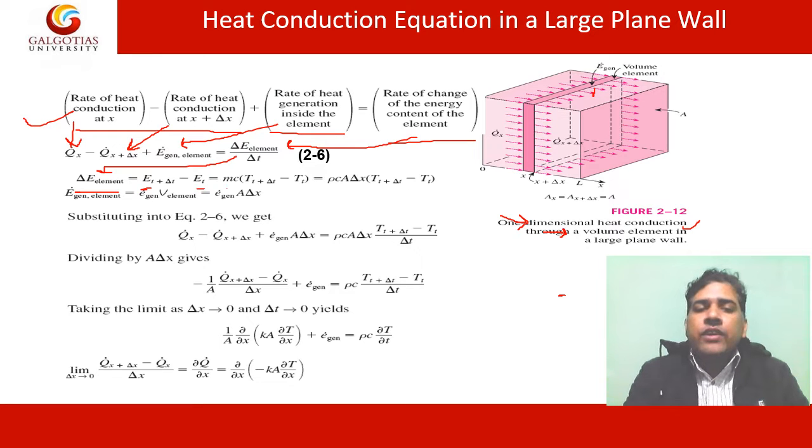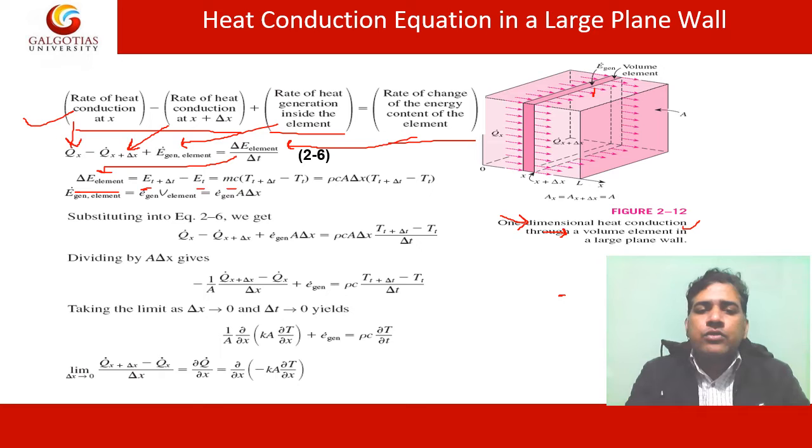So this can be written as m into c into (T at t plus delta t minus T at t). Here T is temperature, with small t as subscript. C is the heat capacity and m is the mass of the element. So it can be written as rho c A delta x into (T at t plus delta t minus T at t), where rho is the density of the element.